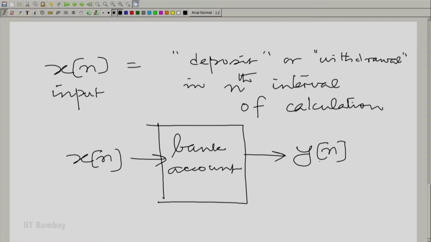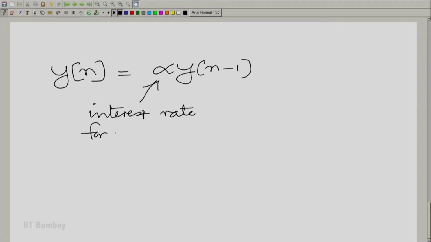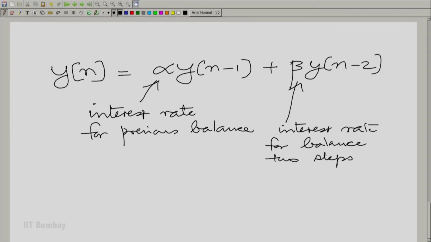And effectively what I am saying is y[n] is equal to alpha times y[n-1], where alpha is the interest rate for previous interval, for previous balance, plus beta times y[n-2], where beta is the interest rate for balance 2 intervals before, 2 steps before, plus x[n], that is the deposit or the withdrawal in this interval of interest.